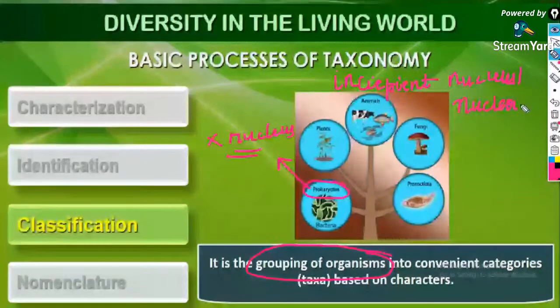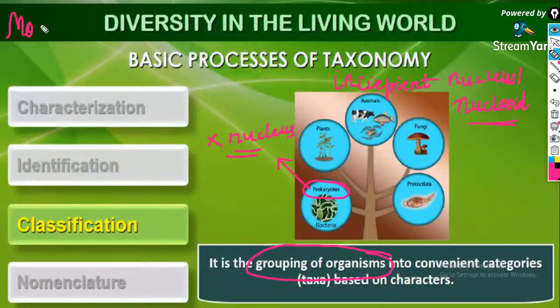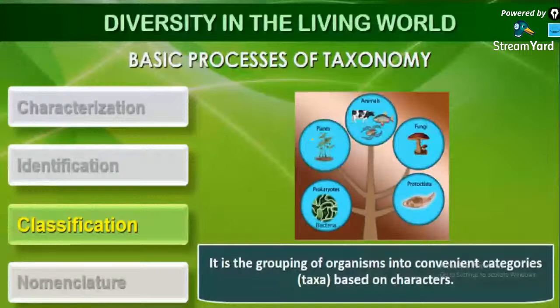Prokaryote means Monera. Kingdom Monera is the only kingdom which includes the prokaryotic species. I hope all these ideas are clearly conveyed. So classification is the grouping of organisms into convenient categories, which you will call taxa, based on certain similarities and dissimilarities. Guys, I don't know whether you are getting all my points.